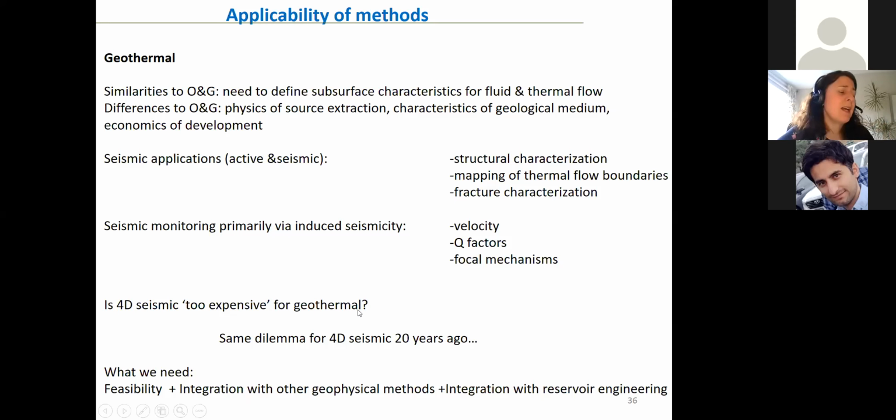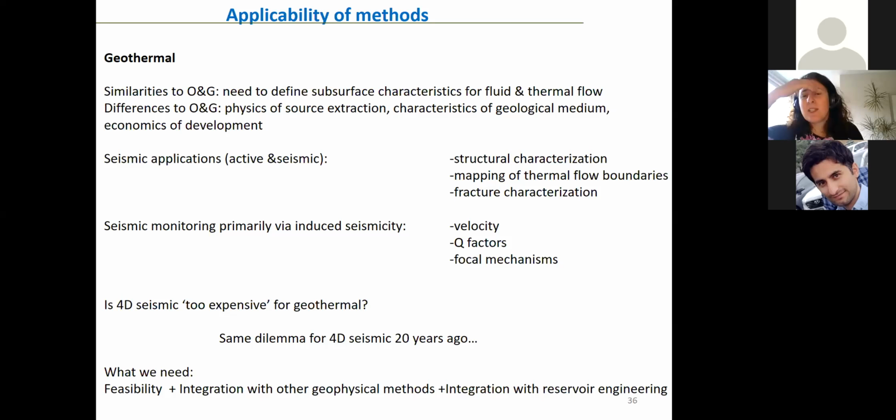Now, what of course you will hear from most industry partners perhaps is that geothermal may not be as good of a product, so using such a complex and expensive technique as 4D seismic may not be necessary.